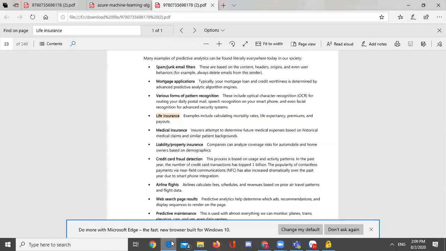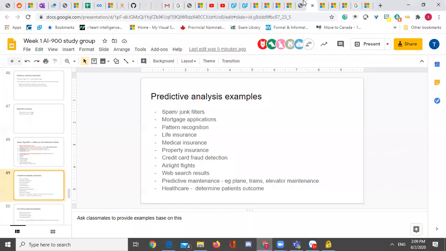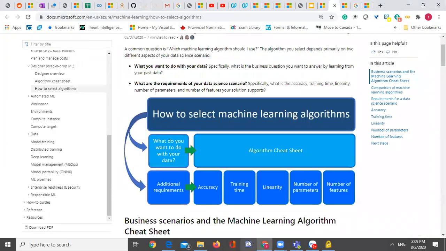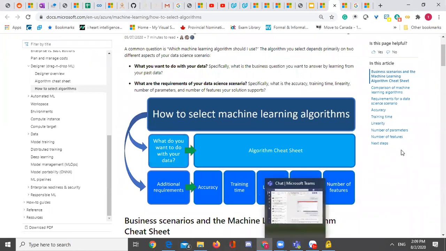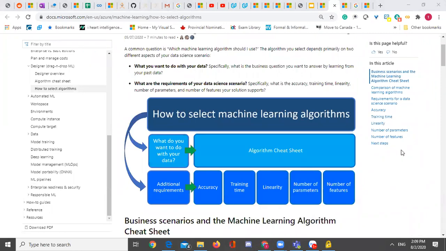If we want to train the data from the ground up, so use Azure Machine Learning Studio, based on the recommendation of Microsoft, you see here, you have the data. What you want to do with the data? You refer to the algorithm cheat sheet to see which algorithm you can use to detect credit card fraud.